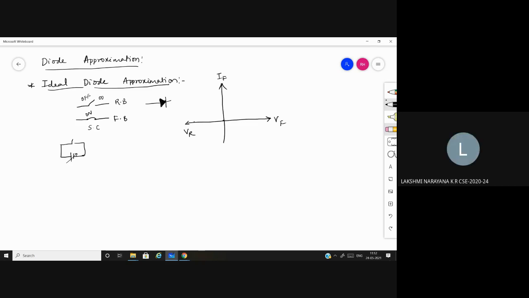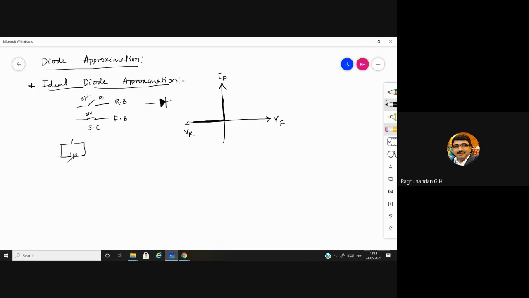No current flows. No current, right? So it will be 0. So it was represented like this. It is completely 0. But when a small amount of voltage is applied in the forward direction, there is an increase in the current.